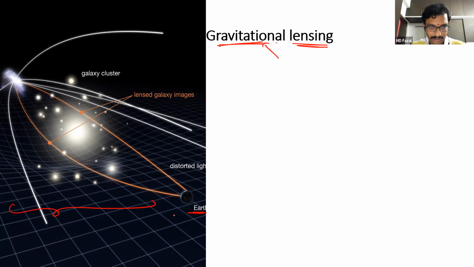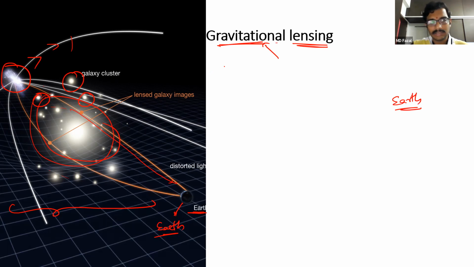This is Earth. You are observing various galaxies. All these are galaxies, and they are emitting a lot of light. Now there is a lot of gravity here. This is acting like a big lens, and it is bending the light. There is a big spiral galaxy here.